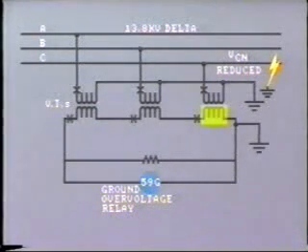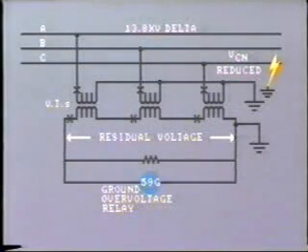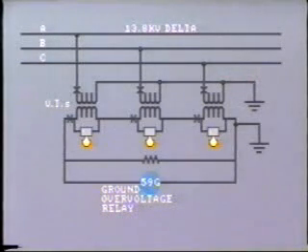This will cause a reduction of voltage in the associated secondary. Hence, a residual voltage will appear across the ground over voltage relay to cause operation. Additionally, indicating lamps can be placed across each secondary, thereby giving indication of which particular phase is grounded.